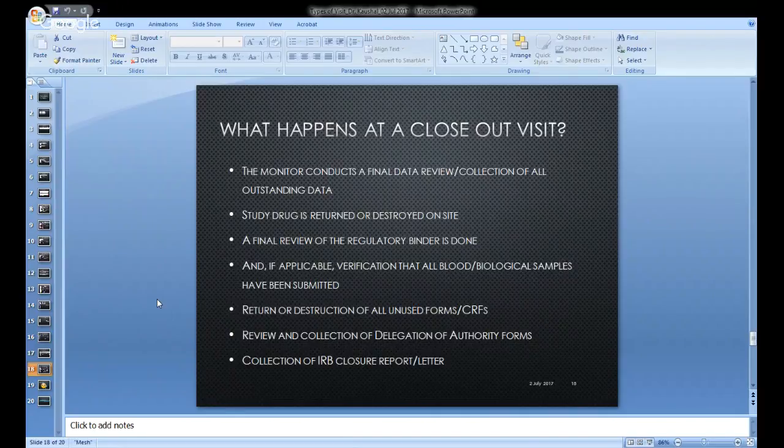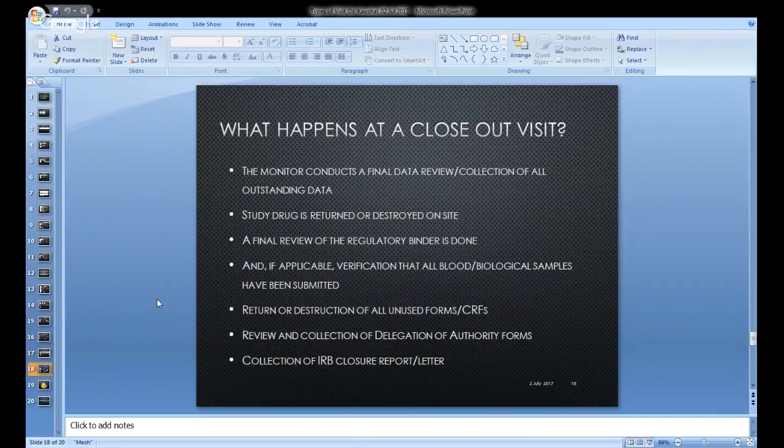A final review of the regulatory binder and the pharmacy binder is done, because this will be your final go-ahead for ensuring that each and every document is appropriately filed and readily available.